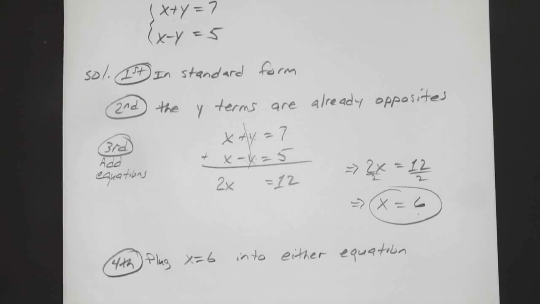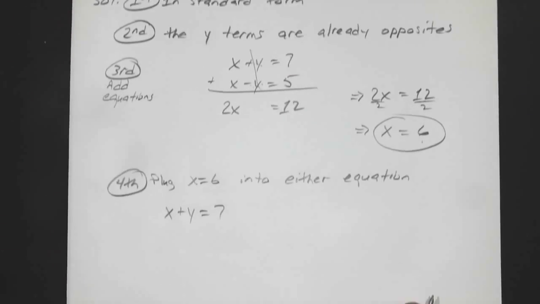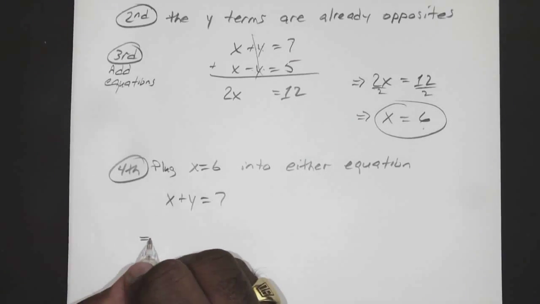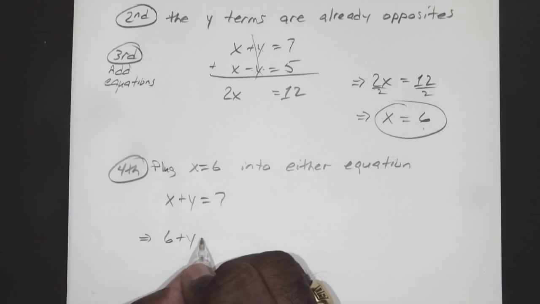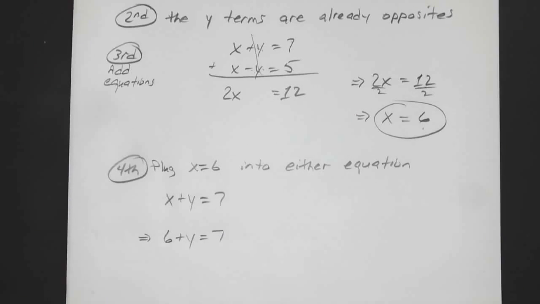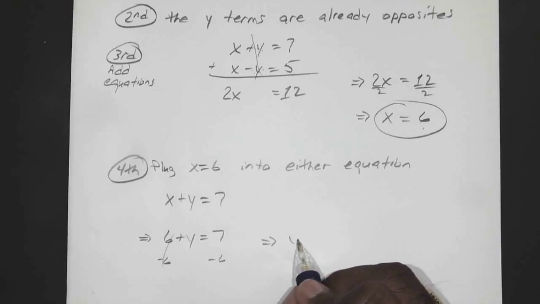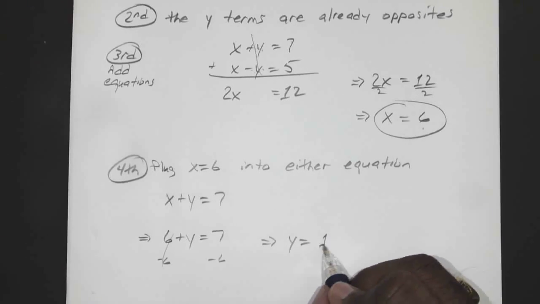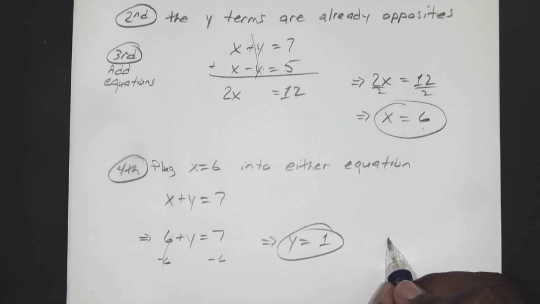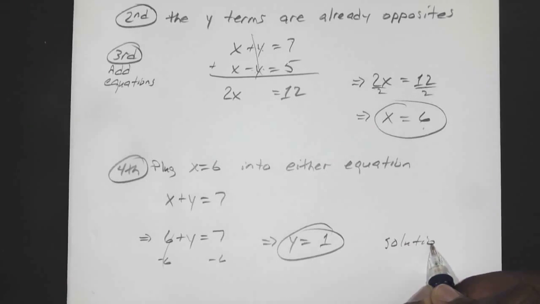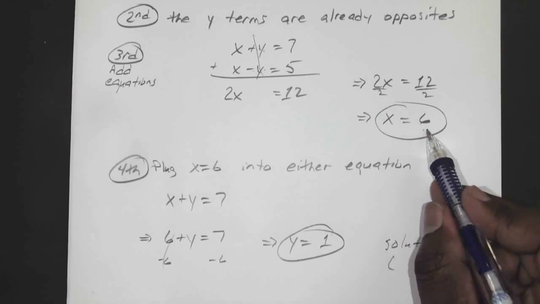So if we pick x plus y equals 7, that gives us 6 plus y equals 7. Where if we subtract 6 from both sides, we have y equals 1. So your solution, your x, y is just 6, 1.